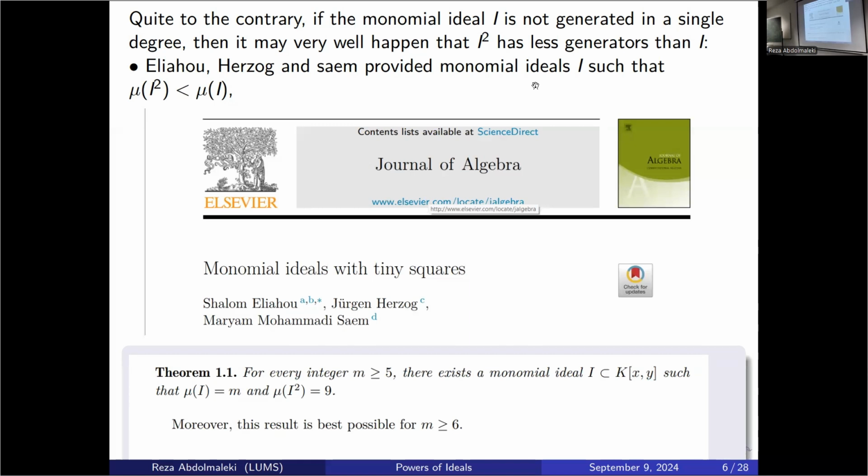And this is the best case. That means mu of I squared never will be less than 9.